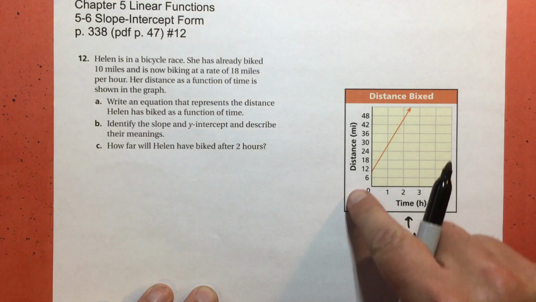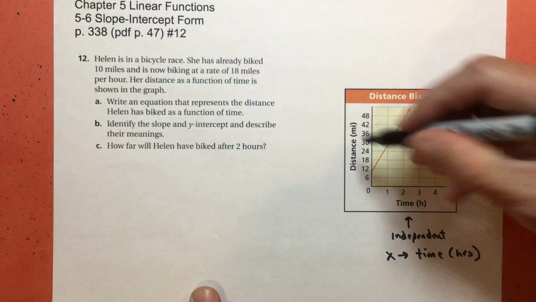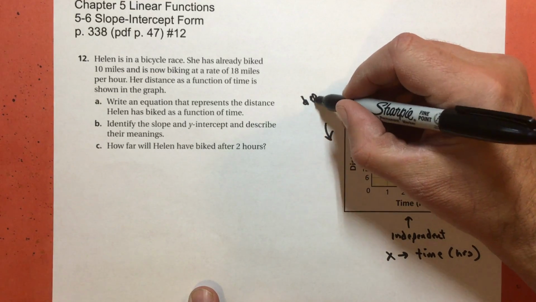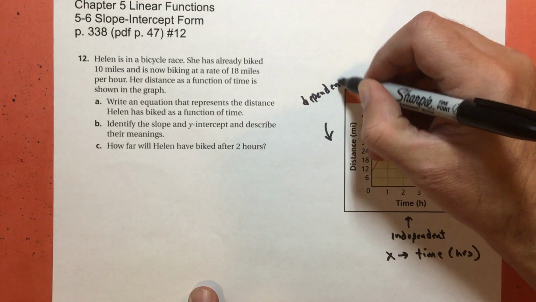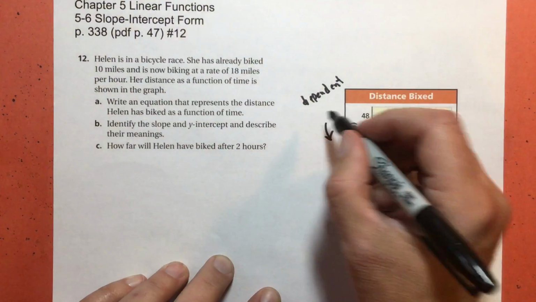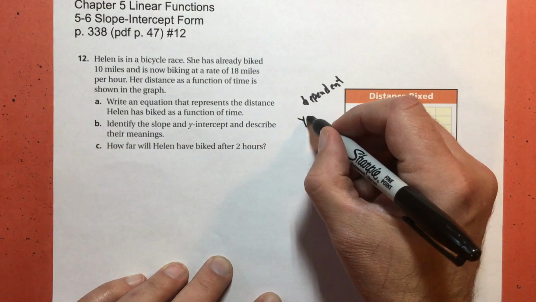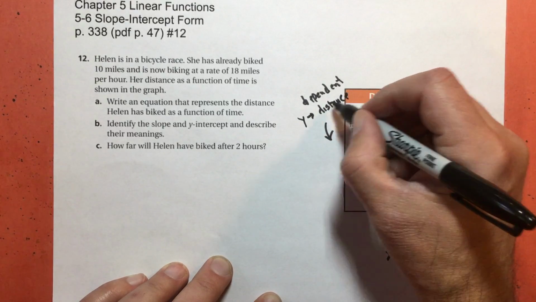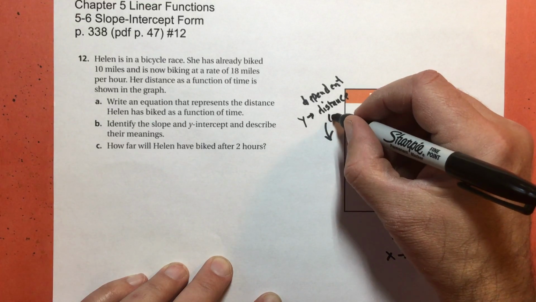Along this axis, this is my dependent variable, and this is going to be my y. So my y is going to represent distance measured in miles.